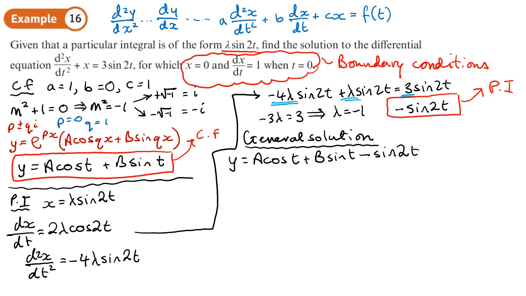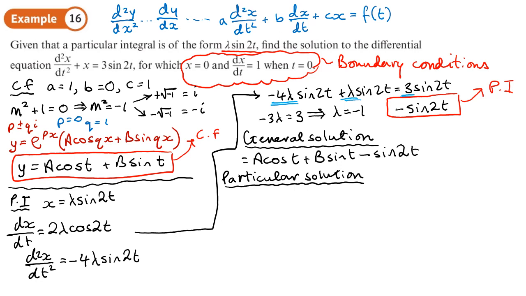That's the general solution. I now want to find the particular solution, so I can do that by substituting in dx/dt equals 1. That means I should really be writing not y equals here, but x equals.